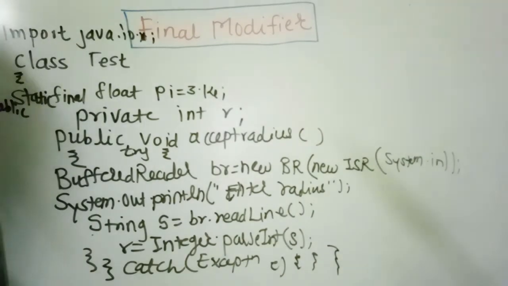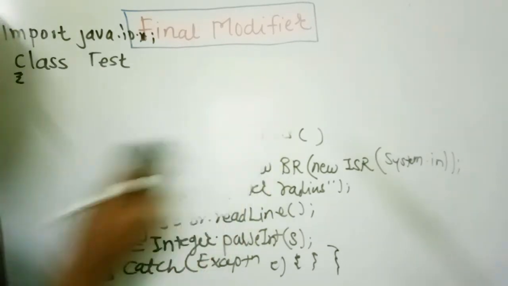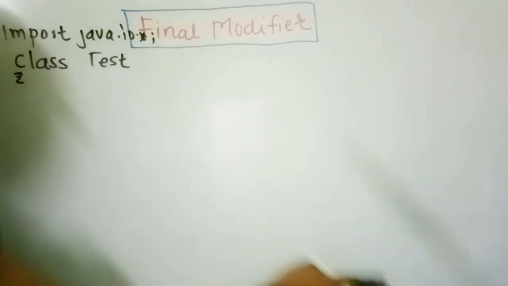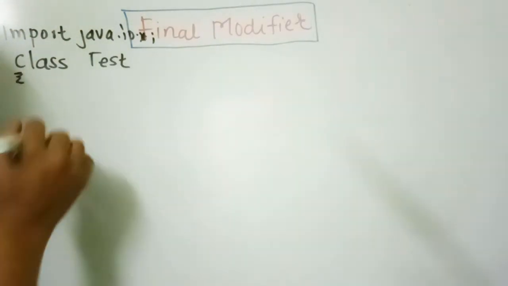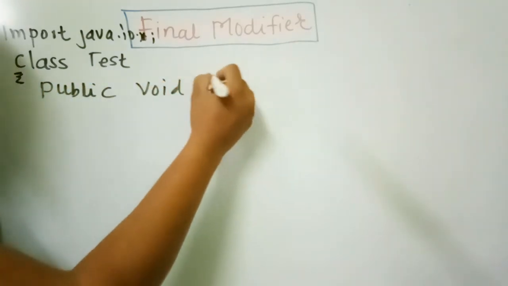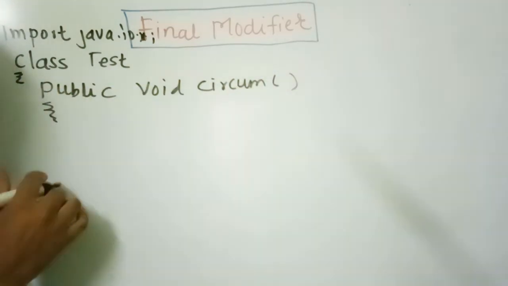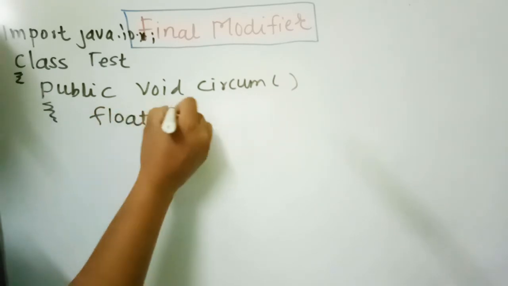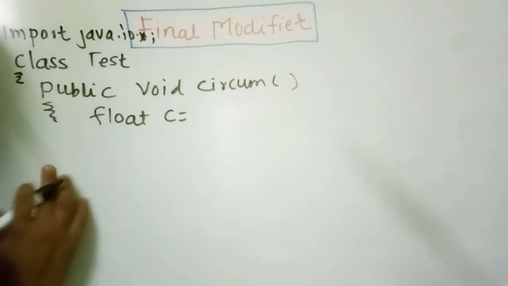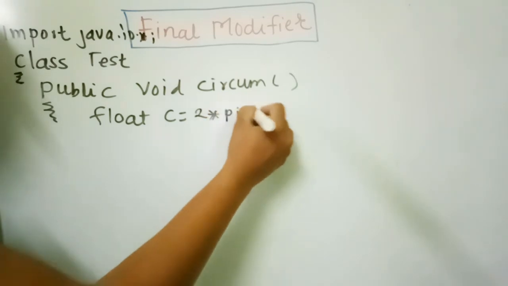Now we have to create two methods. First is the circumference calculation and second is the area. So first of all, I will create the circumference method, like a regular mechanism. Here I am creating one variable, that is float type c, the circumference, having the value 2 pi r.